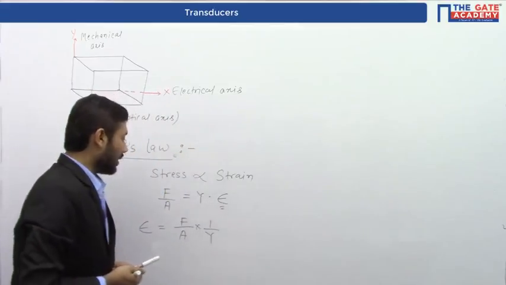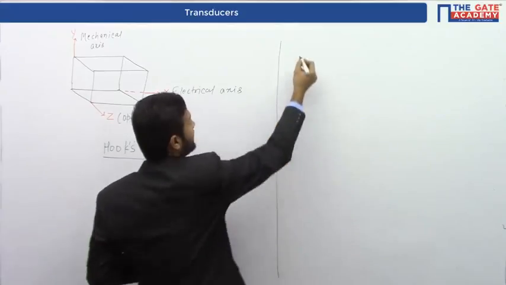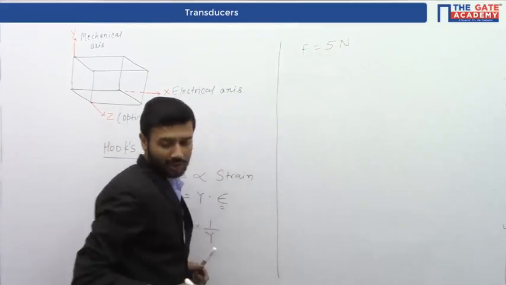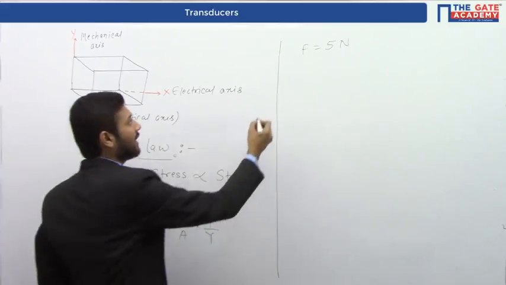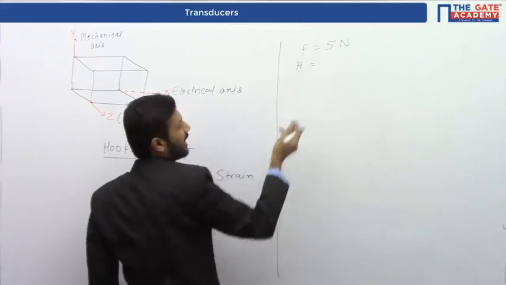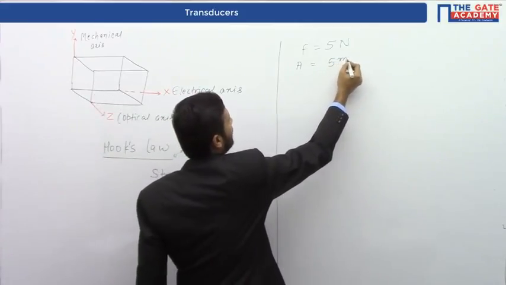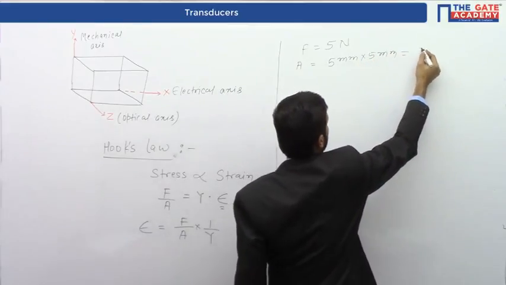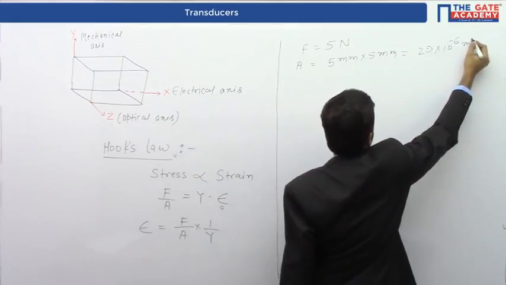So in the question, the force applied is given as 5 Newton. And the area, as we have already discussed, is 5 millimeter into 5 millimeter, which equals 25 into 10 to the power minus 6 meter square.